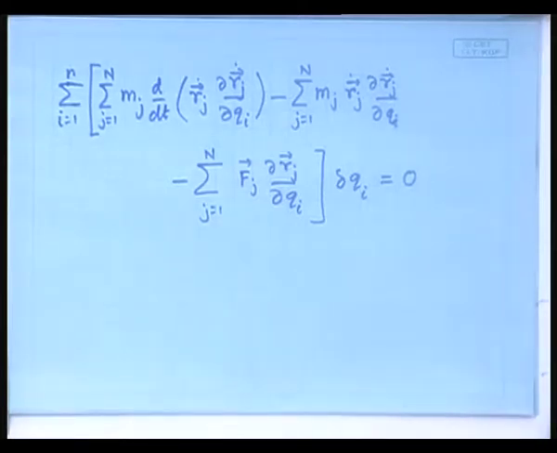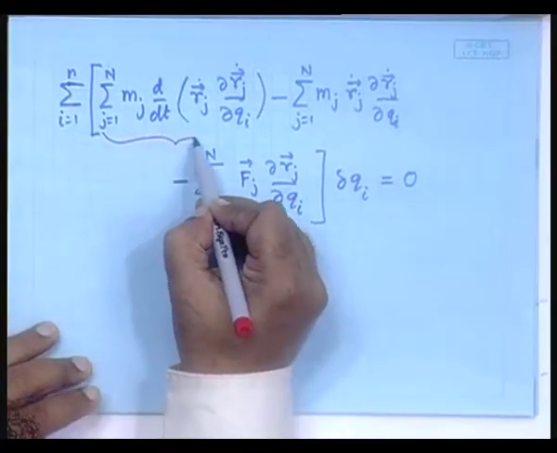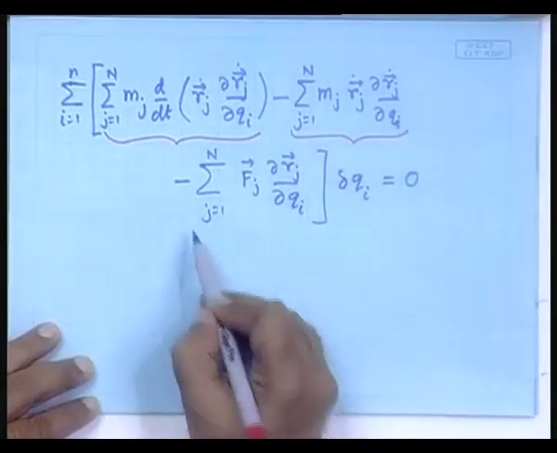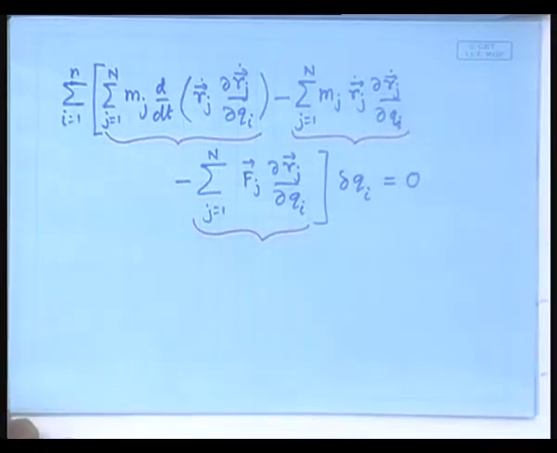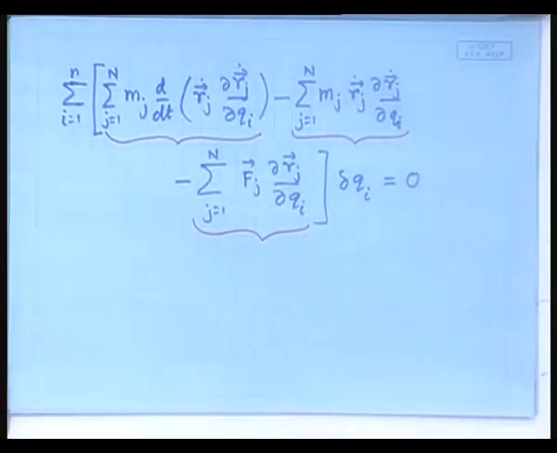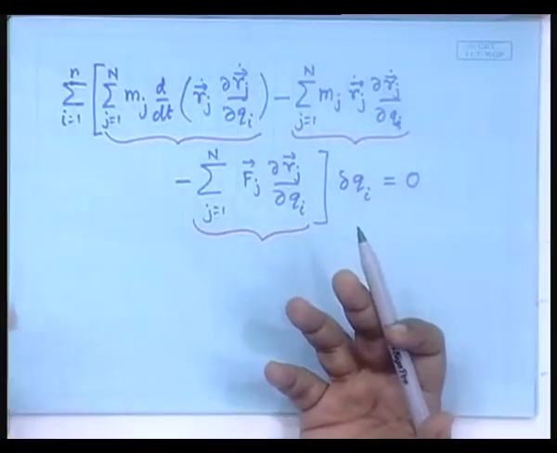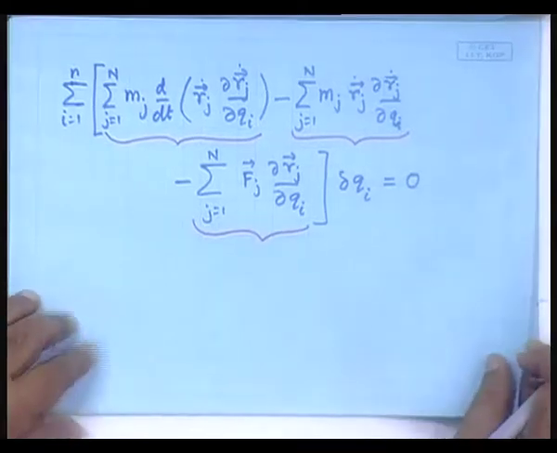Now, after all this business, we have come to 3 terms: one term, second term and the third term. Just by looking at these terms, it is very difficult to physically understand what they are. So, let us try to physically understand what they are. We will come back to this.